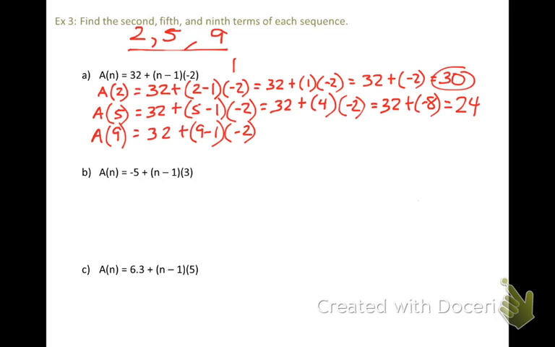Notice this last number, this negative 2, is telling me my number is going to go down instead of up. So all my numbers should go down at a certain rate, by negative 2 to be exact. So 32 plus 9 minus 1 is 8 times negative 2 equals 32 plus negative 16. And that should be 16.